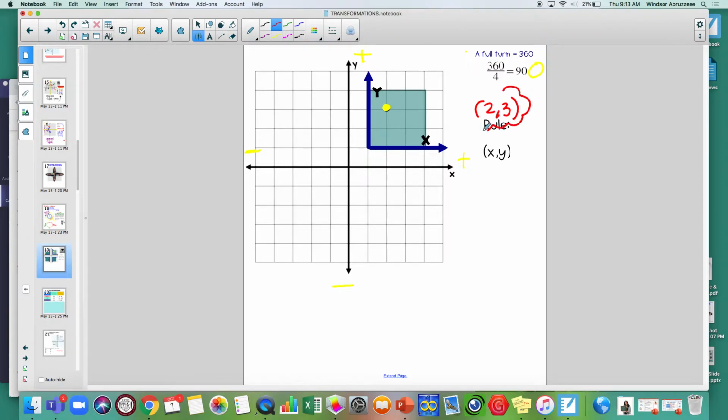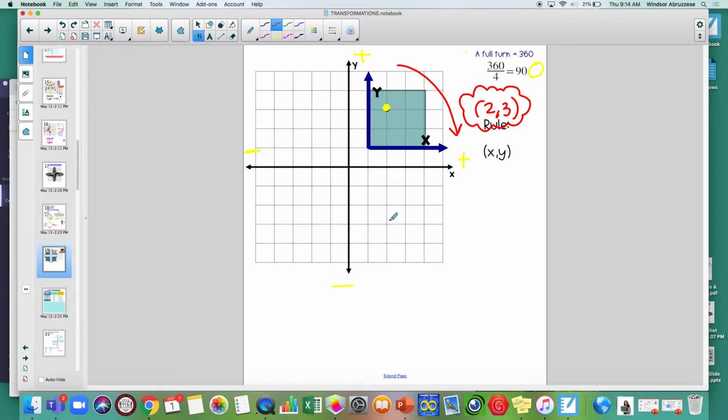This is the point we are going to rotate. I'm going to rotate it first 90 degrees clockwise. I'm going to work with clockwise because we read a clock clockwise, and that's just our go-to. So if I turn 90 degrees clockwise, where should my yellow dot land?